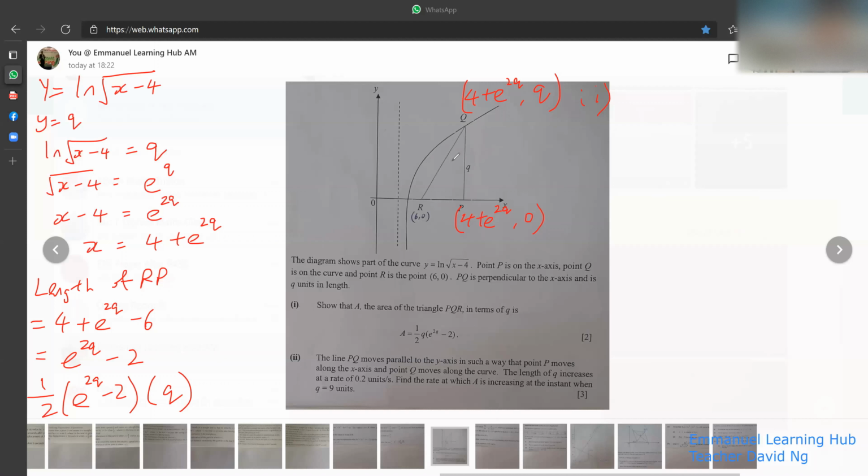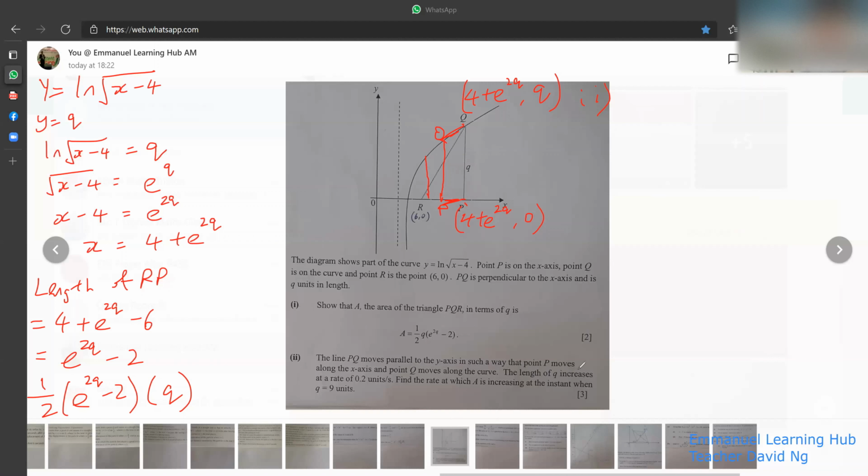I see. That means you'll become like that. It moves along the curve, moves along the x-axis, and this line is still parallel to the y-axis. This is what it means. Okay.